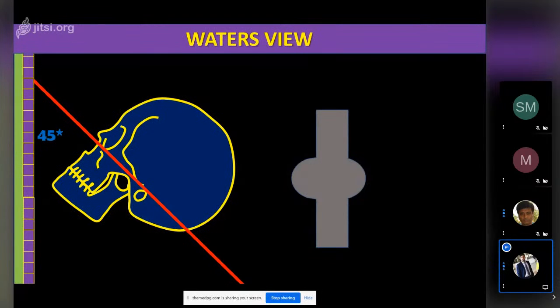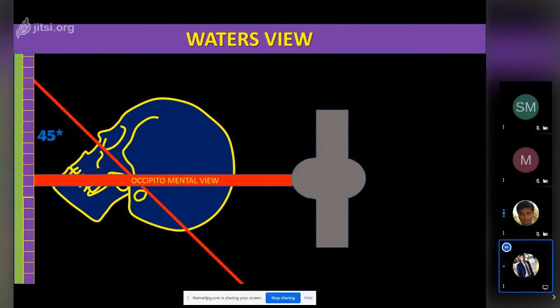So what is the difference between the Waters view and the Caldwell view? In the Caldwell view, we are cranially angulating the X-ray tube and projecting it downwards. Whereas in the Waters view, the tube remains the same and I am rotating my head by 45 degrees. In the Caldwell view, the angulation is 20 degrees. In the Waters view, the angulation is 45 degrees. So these are the two types of views, the Caldwell view and the Waters view.